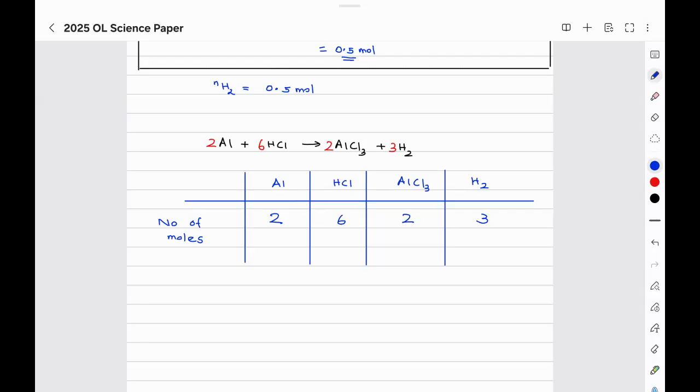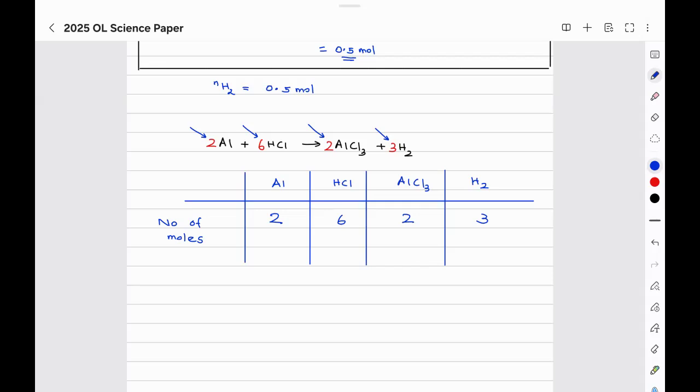Stoichiometry means, students, forget about that term. These are reaction coefficients, right? Aluminium is reacting with 6 HCl to produce 2 aluminium trichloride and 3 H2. We are balancing the reaction and we are using the coefficients.